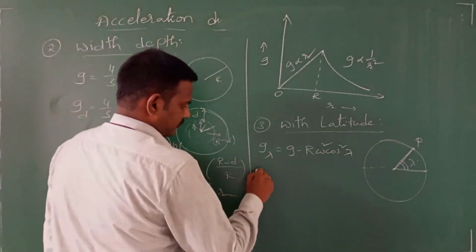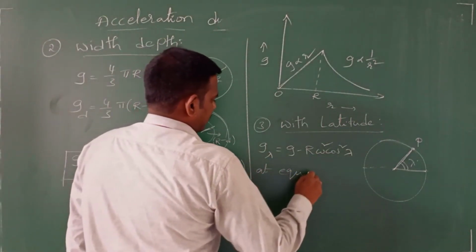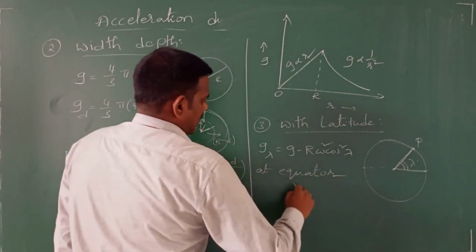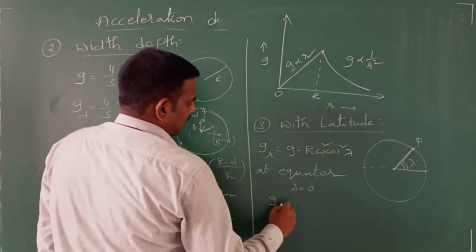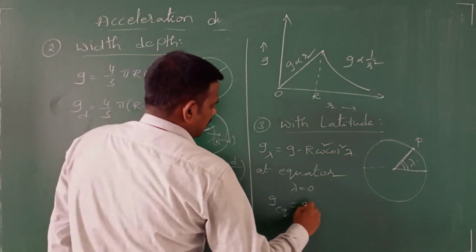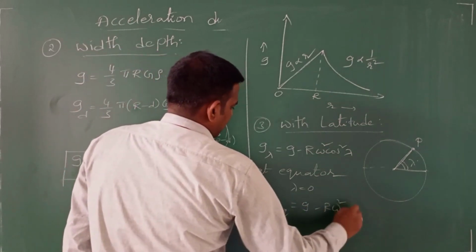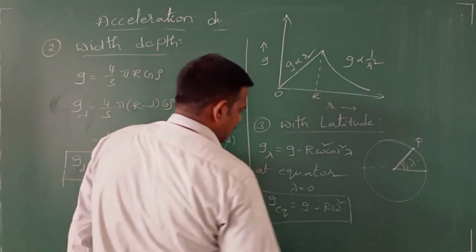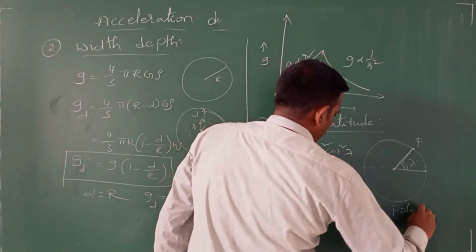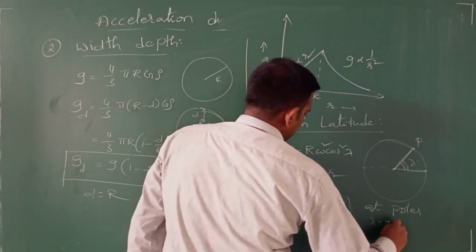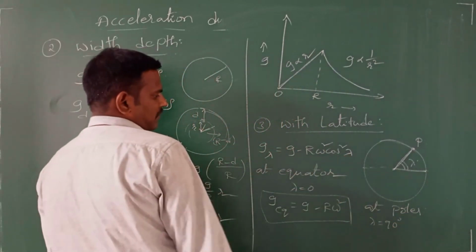Okay. Now near the equator, lambda will be equal to 0, no? So cos 0 is 1. Therefore, what will we get at the equator? This value will be g minus r omega square. This is the formula. And near the poles, lambda will be equal to 90 degrees, no? Cos 90 degrees is 0.